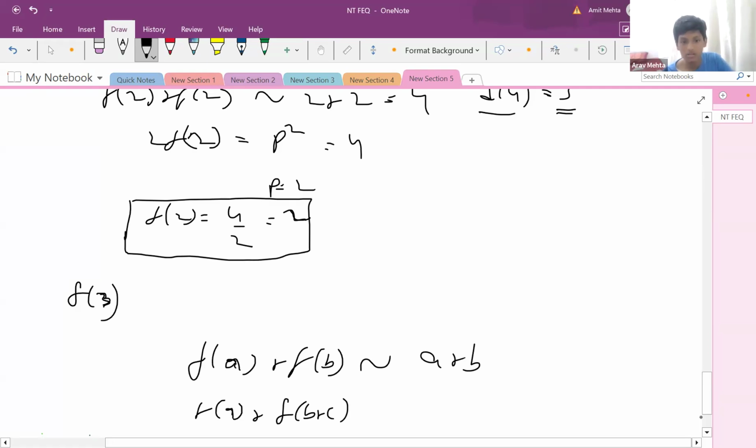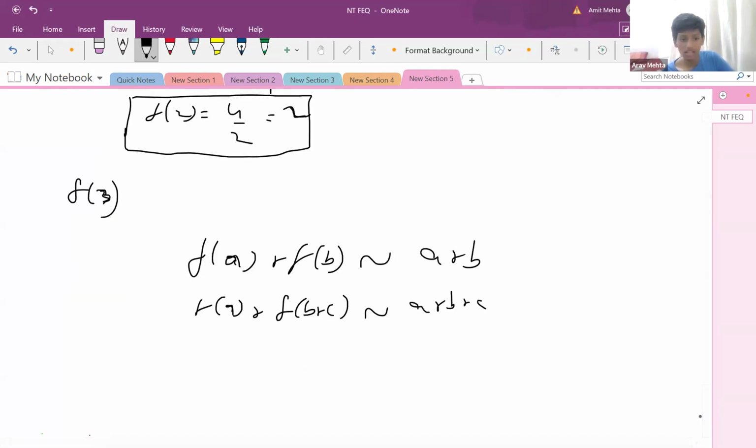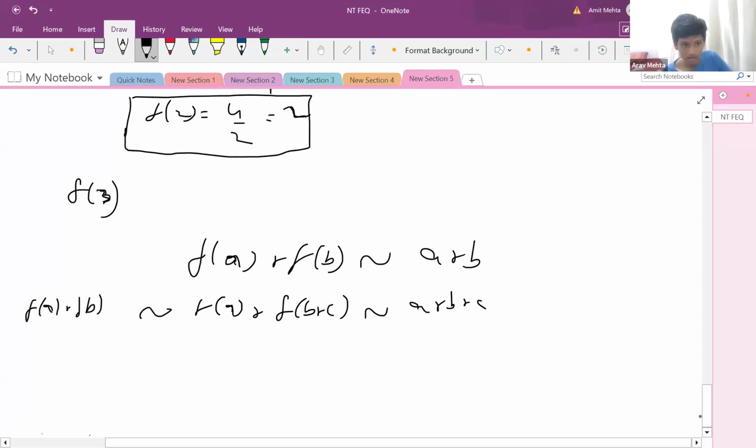Then we have f of a plus this, a plus b plus c. The thing is, I can't say that this has the same number of divisors as f of a plus f of b plus f of c. I can't just put this as b plus c.